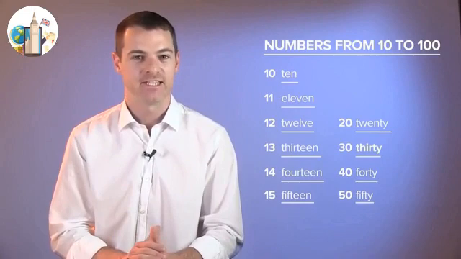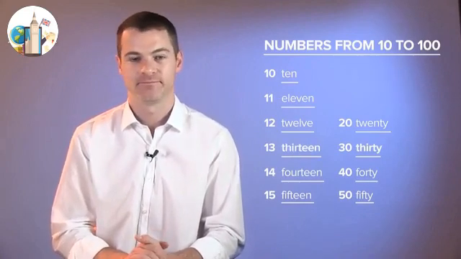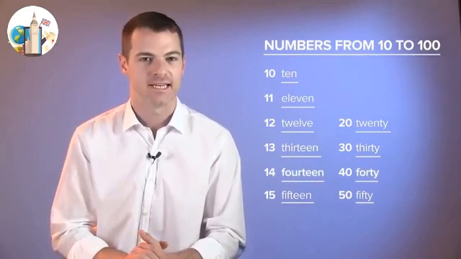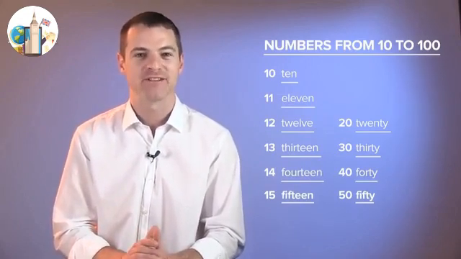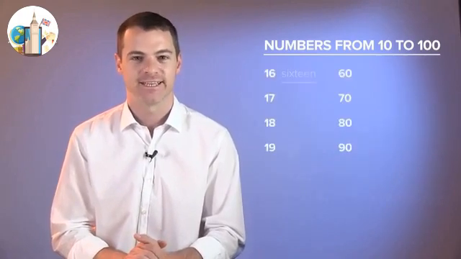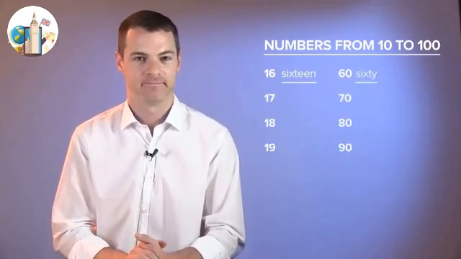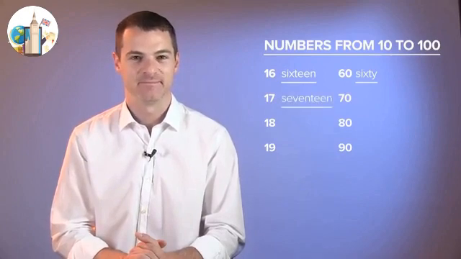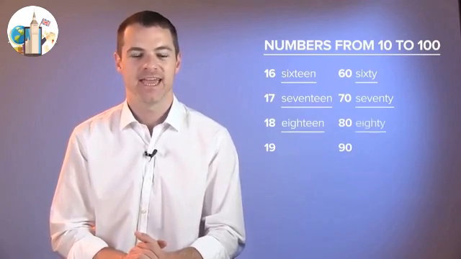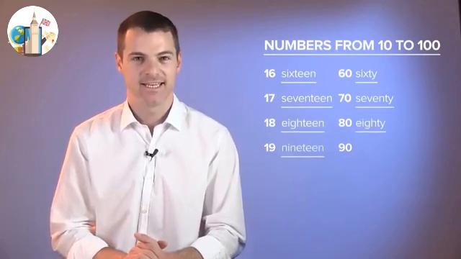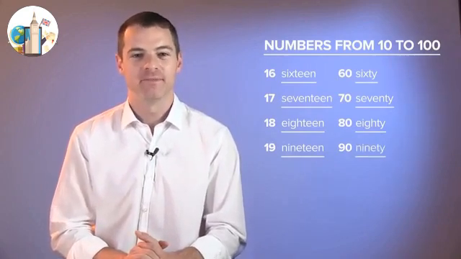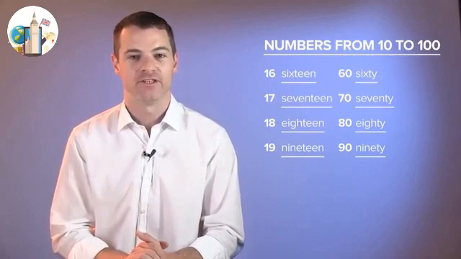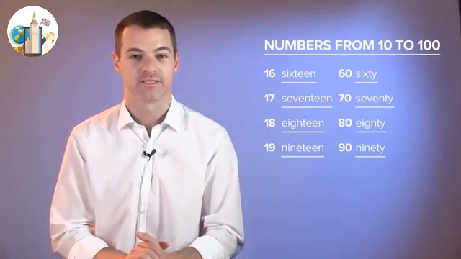Notice, 30 and 13, 40 and 14, 50 and 15, etc. are pronounced differently. 16, 60, 17, 70, 18, 80, 19, 90. With numbers in the tens, we use a hyphen to separate the tens and the units.